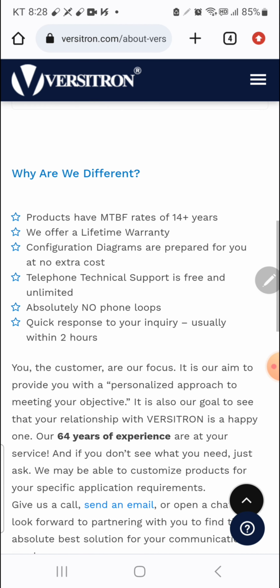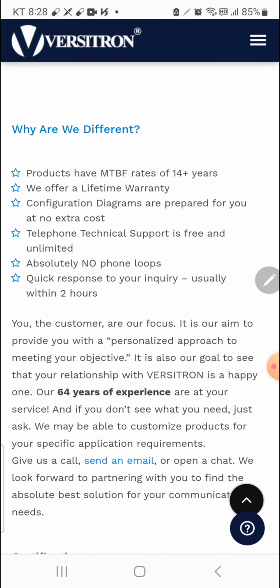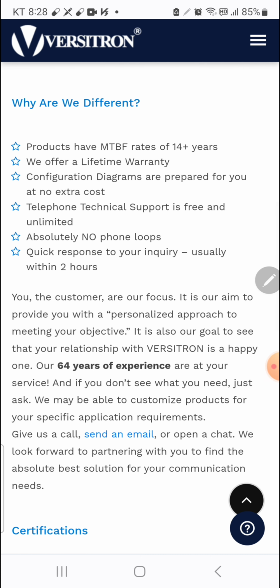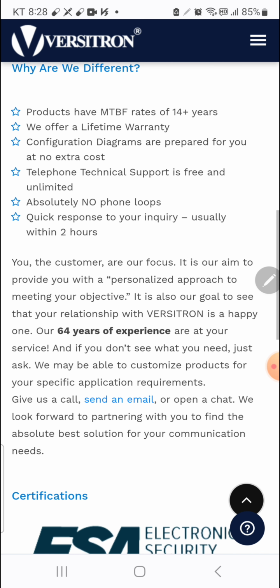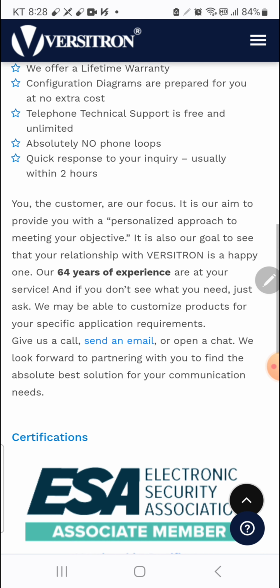Why are we different? Products have MTBF rates of 14 plus years. We offer a lifetime warranty. Configuration diagrams are prepared for you at no extra cost. Telephone technical support is free and unlimited. Absolutely no phone loops. Quick response to your inquiry, usually within 2 hours.